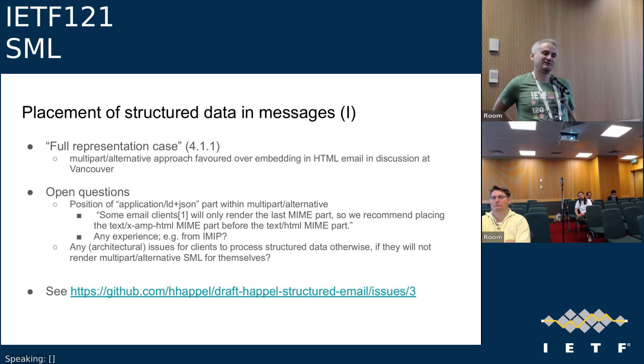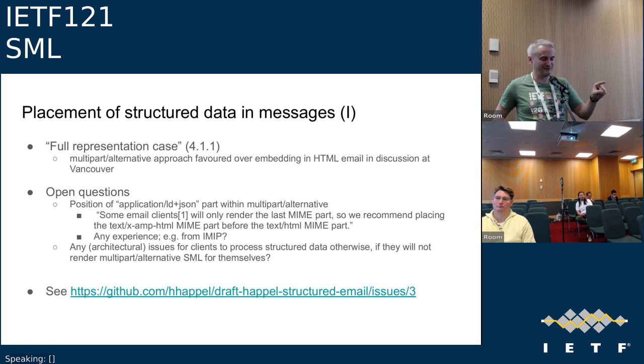One very minor thing that came up when reviewing the specs for multipart/alternative, and that's what I would like to ask the room, is the question of whether there is any drawback.